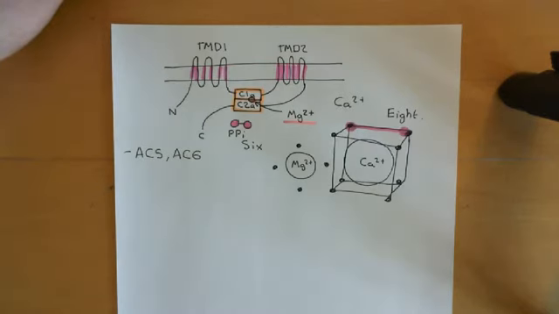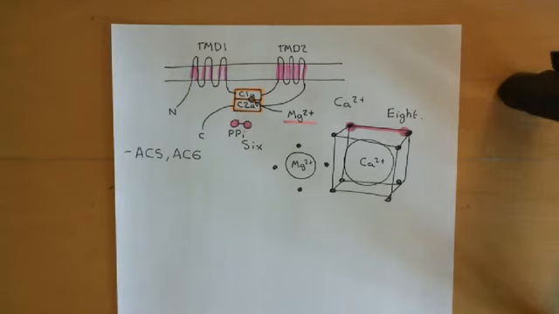So physiological calcium concentrations can therefore inhibit adenylyl cyclase 5 and 6 enzymes in exactly this mechanism that I've just described. So that's how calcium can inhibit the adenylyl cyclase 5 and 6 enzymes.